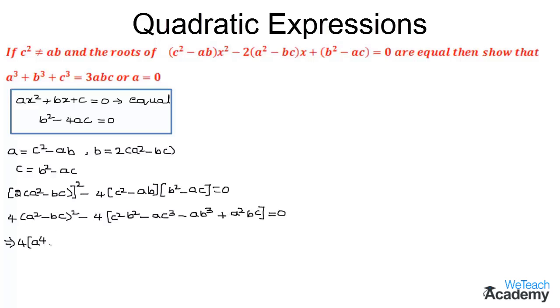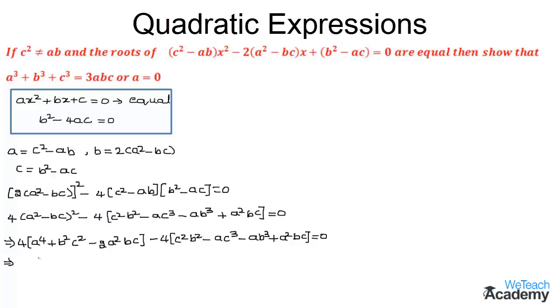By applying that formula we get a power 4 plus b square c square minus 2 into a square bc, minus 4 into c square b square minus ac cube minus ab cube plus a square bc is equal to 0.